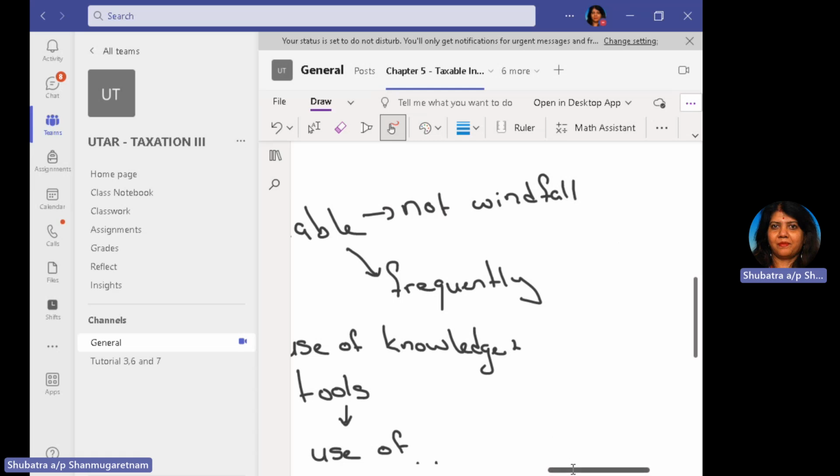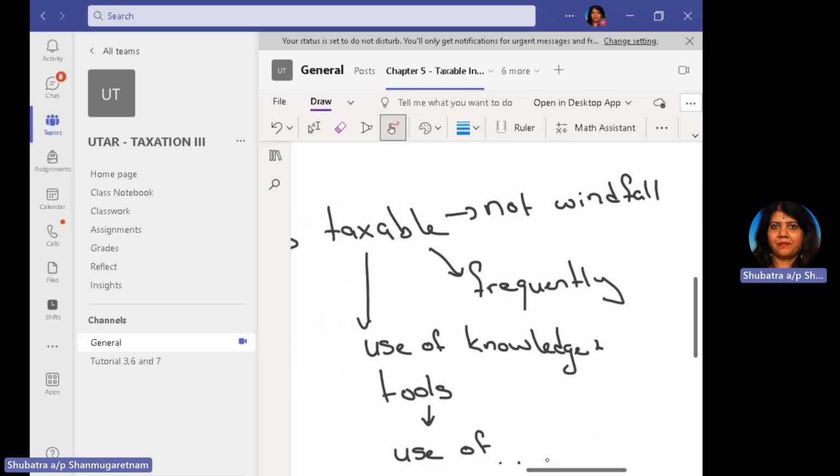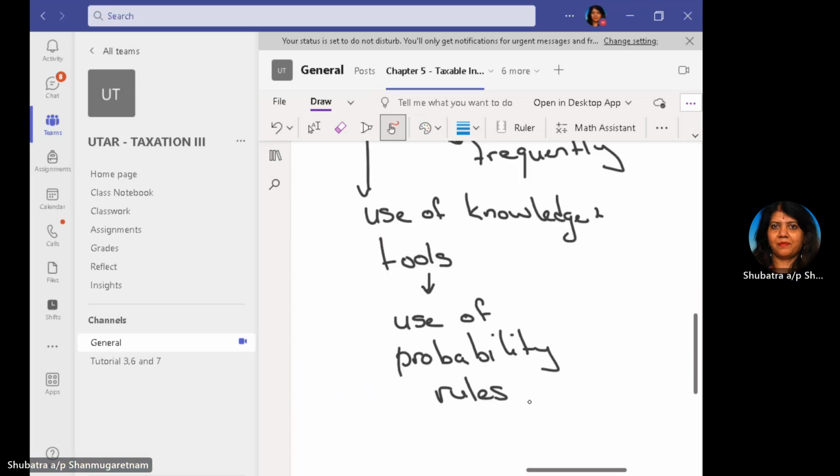Correct? So when there is frequency, Inland Revenue says, you're doing it on a daily basis. How can you say it's a windfall? You are making sure you're trying to get a winning. Okay? Now, I go to Genting. I stand in front of the machine. I stare at the machine. I stare at the people playing the machine.